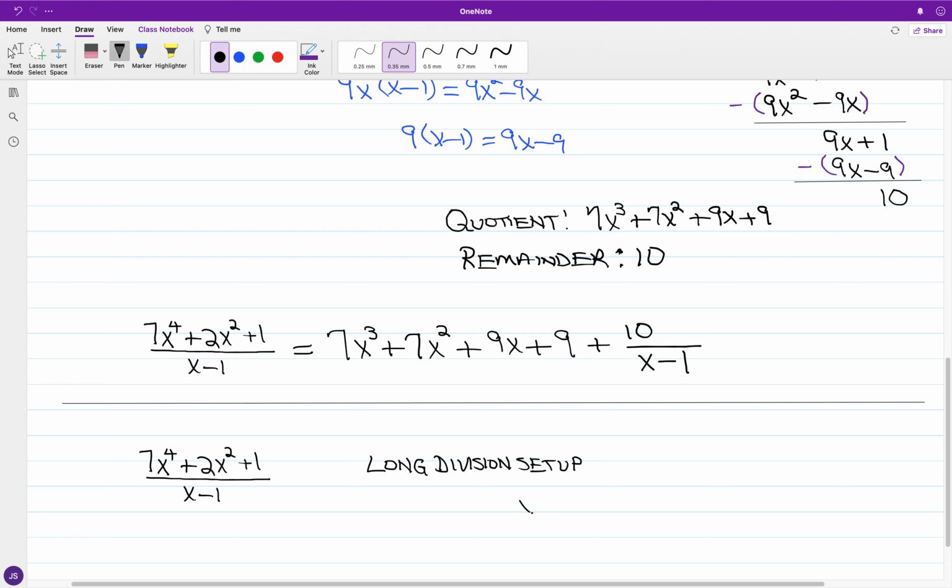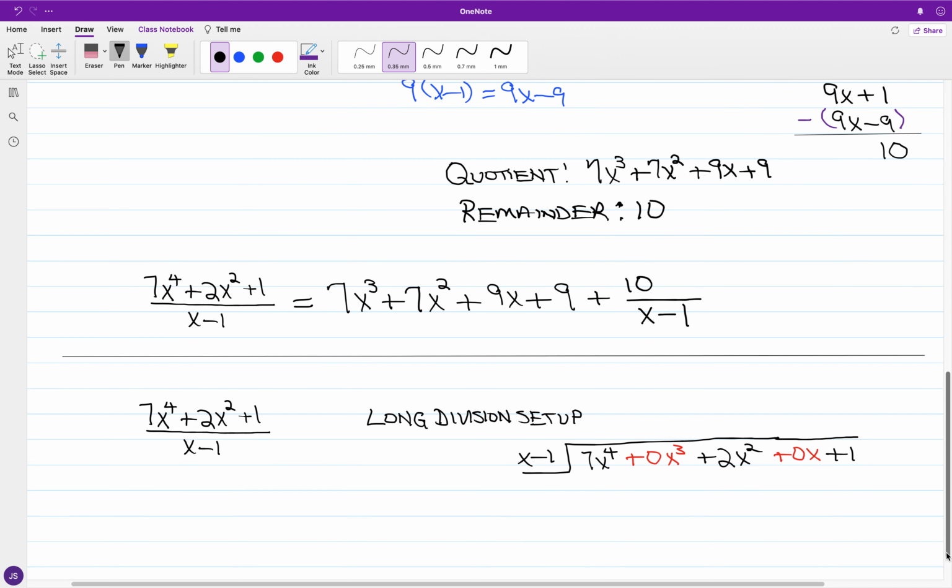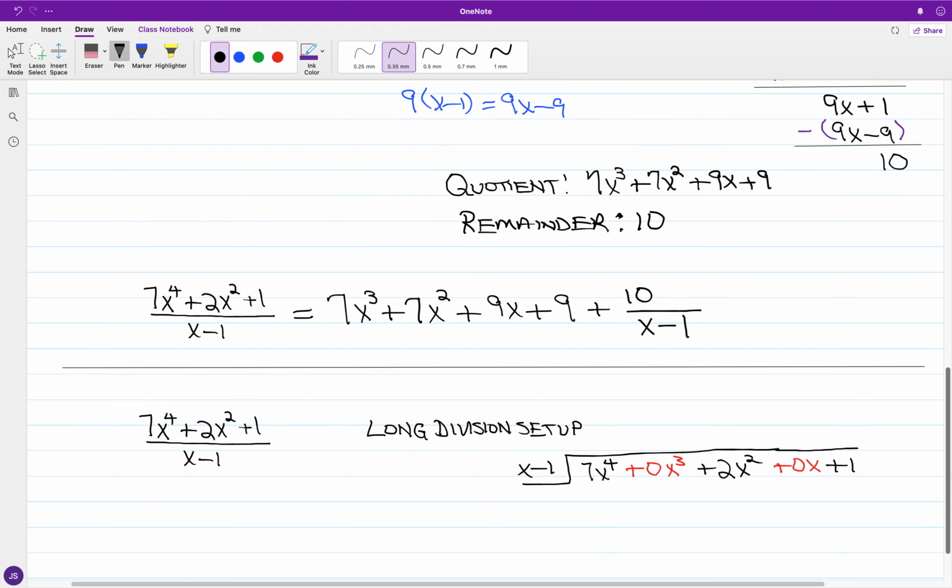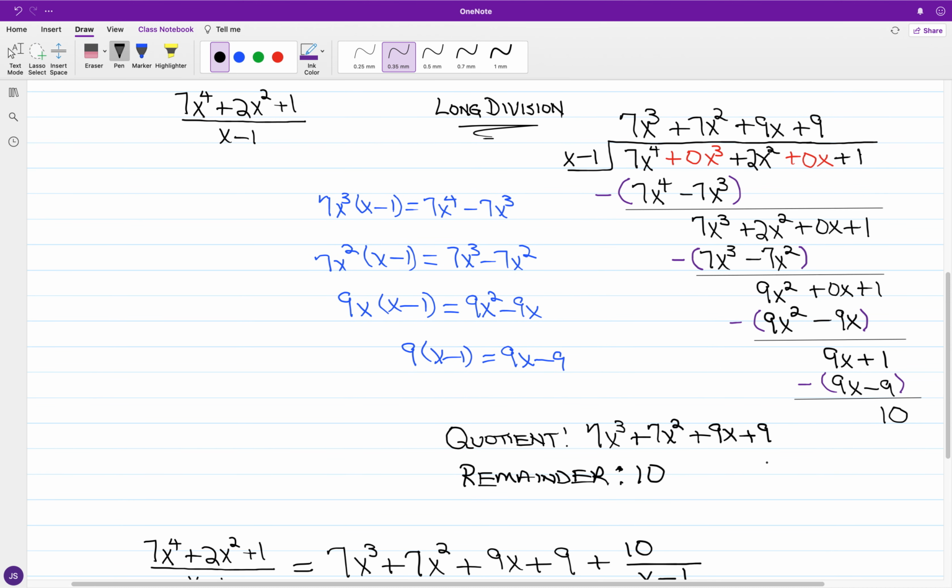Again, I had x minus 1 going into 7x to the 4th, and I had a missing cubic term, and also a missing first order x term. So this was your long division setup from earlier, from which we attained the quotient and the remainder.